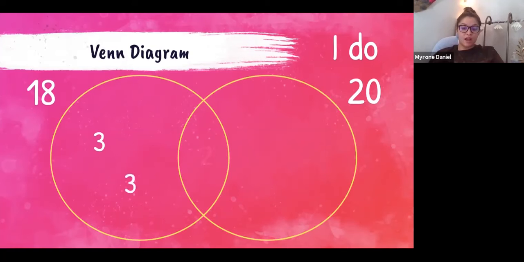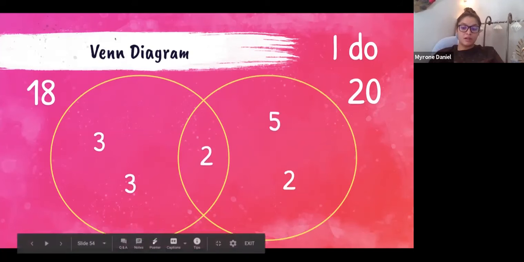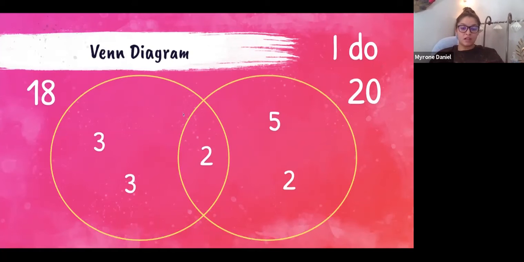There's a 2 in the factors of 18, and there's a 2 in the factors of 20. This is the greatest common factor because it's the largest number that is a factor of both 18 and 20.